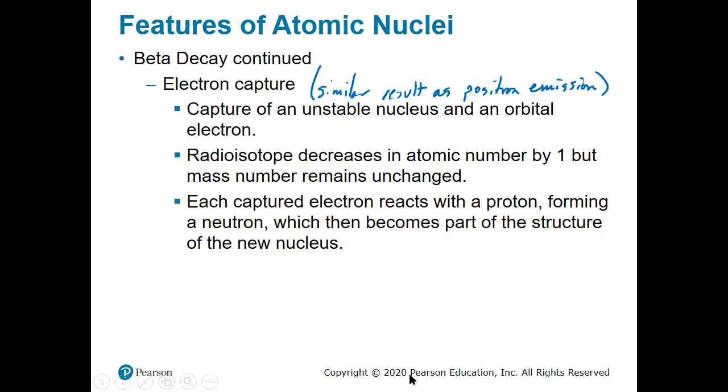What happens here is that an unstable nucleus basically grabs an electron out of the electron cloud. And in that process, we turn a proton into a neutron.